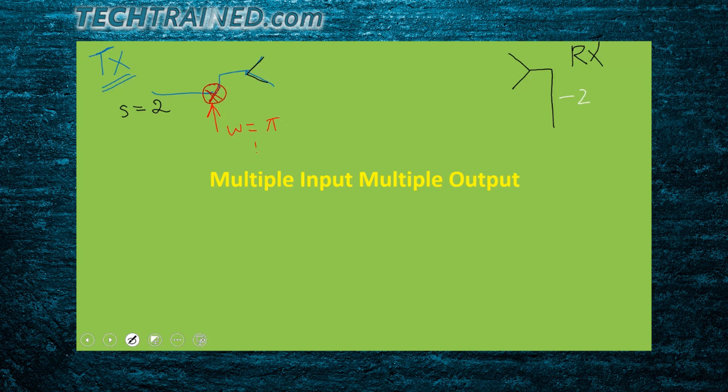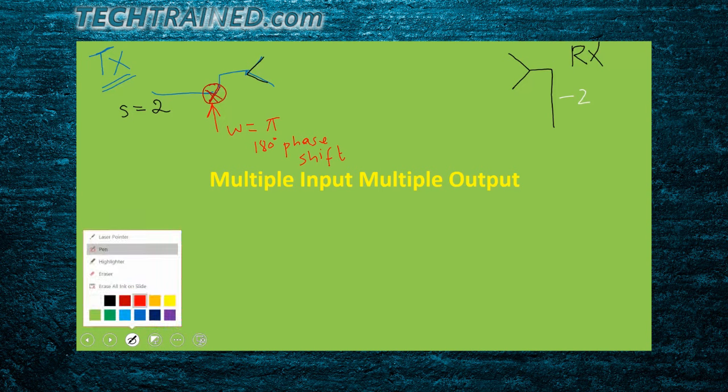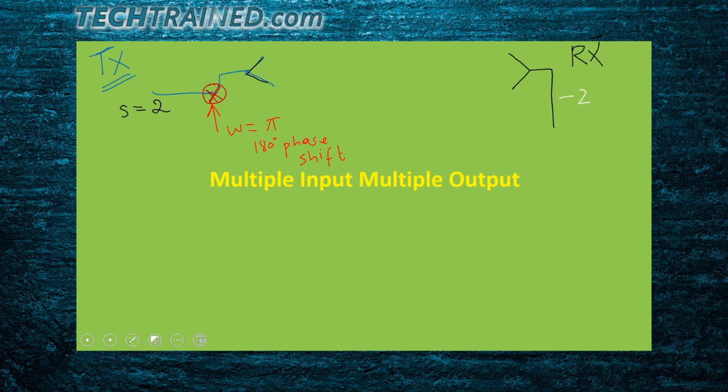Now, even though we are originally transmitting the number 2, with the 180-degree phase shift at the transmitting end, what actually will be transmitted is -2.